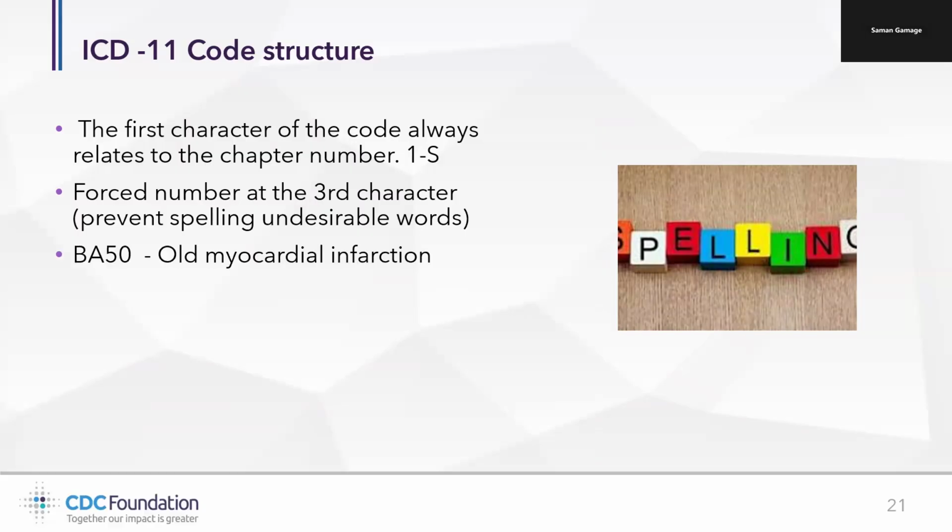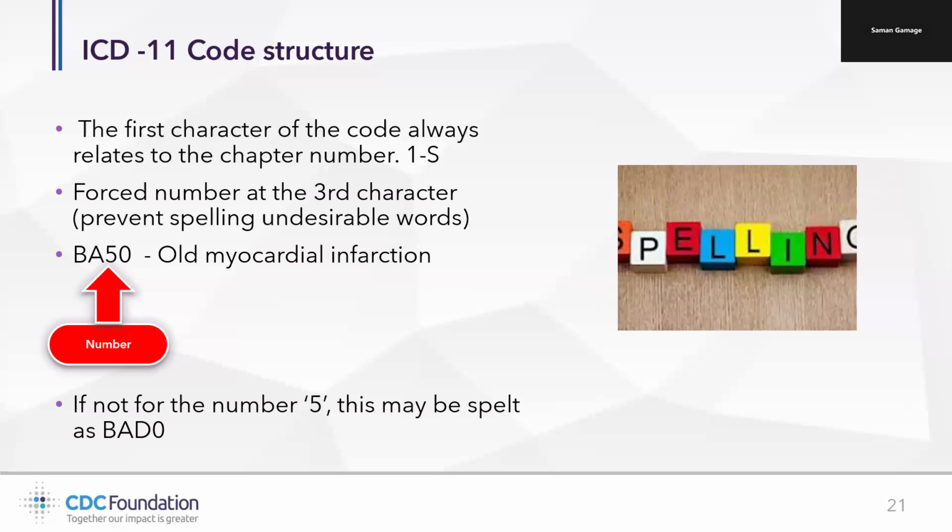For example, BA50 is for old myocardial infarction. There is a number between A and 0, and if this were an English letter, it is possible that we would pronounce some undesirable words when there are 3 English letters together.